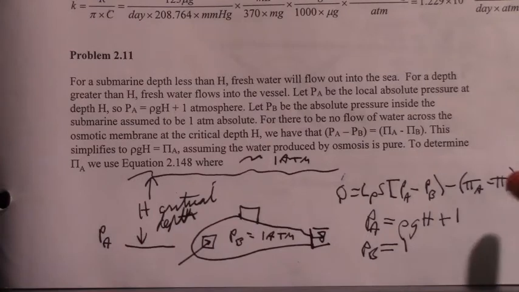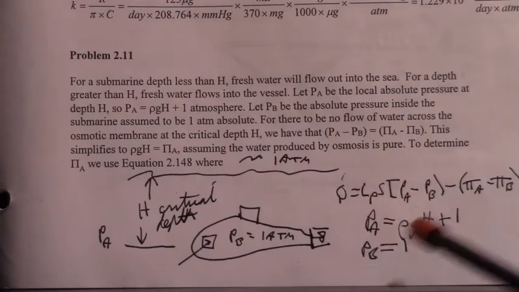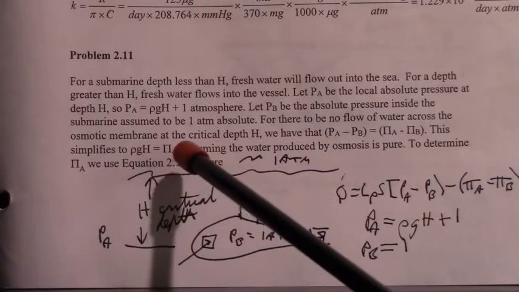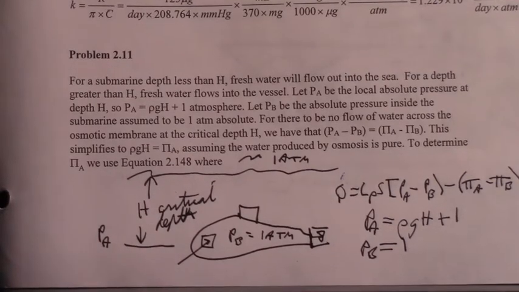It's going to be very, very small relative to the osmotic pressure of seawater. So with Q equal to 0, put in PA and PB into the equation, we get the result that rho GH, which has that critical height now, is equal to the osmotic pressure of the seawater.